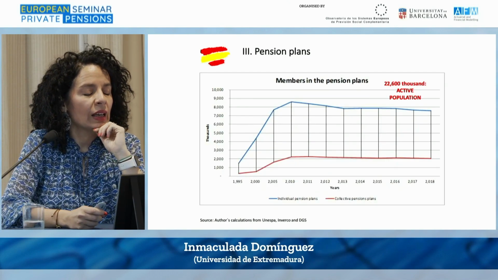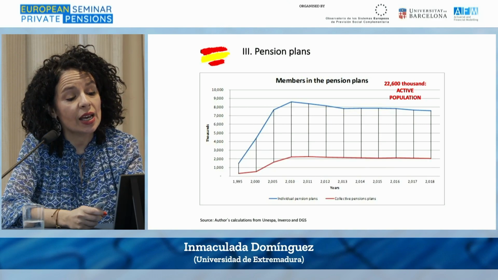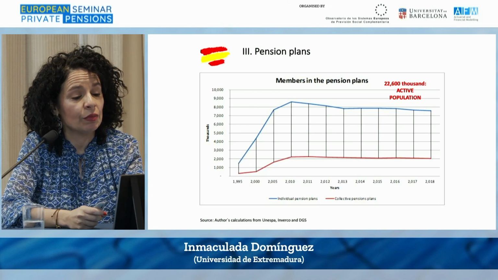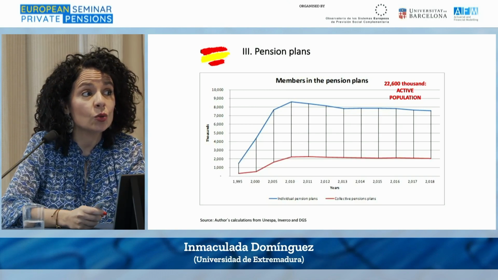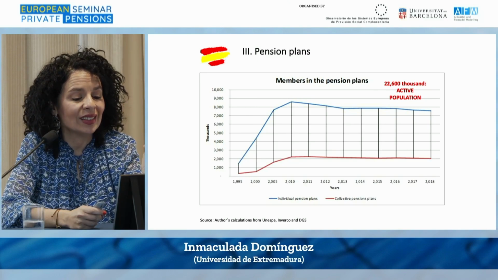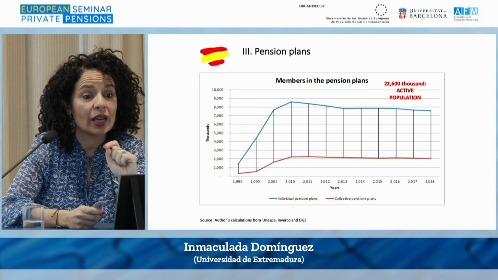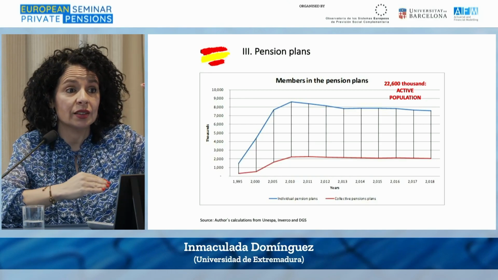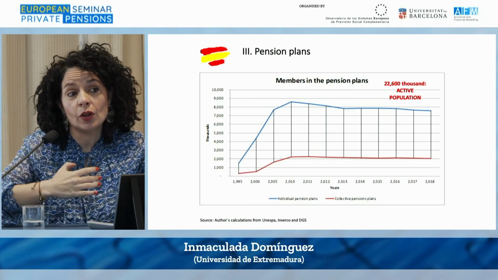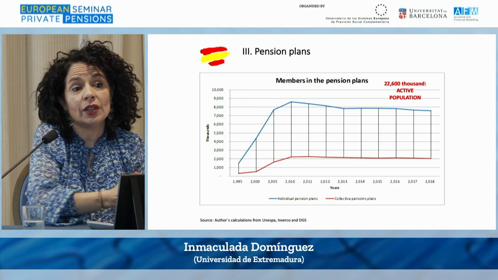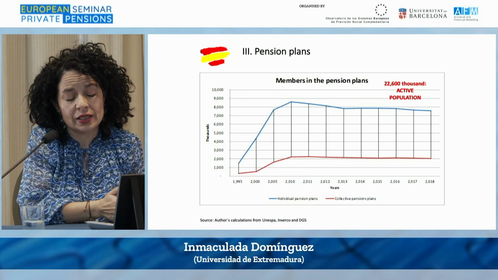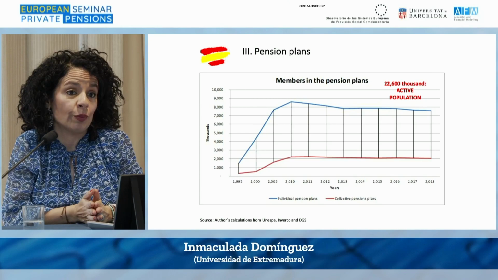What is another important piece of information? If you see here, in blue you can see the people that have individual plans, and in red the collective. Okay, you can see the difference. A lot more people have an individual pension plan than the people who are inside a collective pension plan.